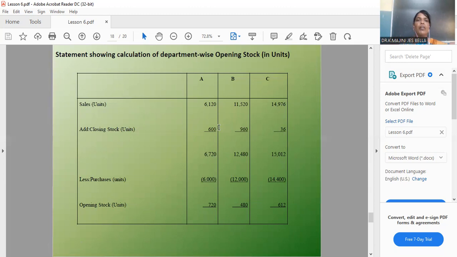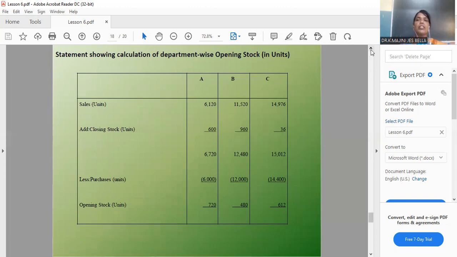For Department A, sales plus closing stock is 6,720. Department B, sales plus closing stock, 12,480. Then Department C, sales plus closing stock, 15,012.